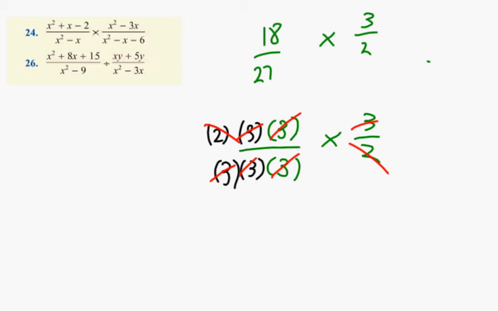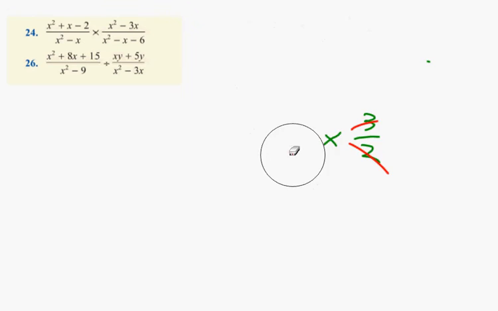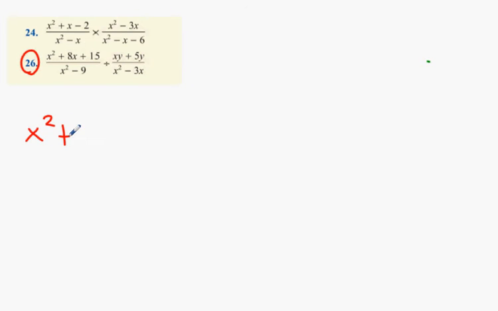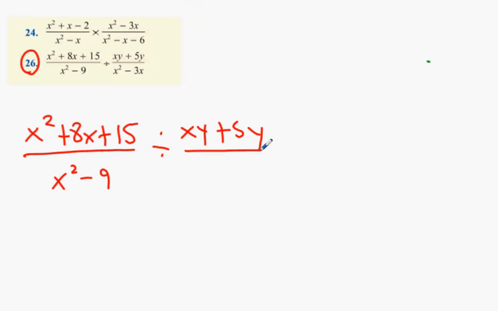Now, what we do next is we have either a multiplication or a division question. I'm going to take question 26 because question 26 covers everything. Question 26 starts off like this. It's currently divided by xy plus 5y over x squared minus 3x.